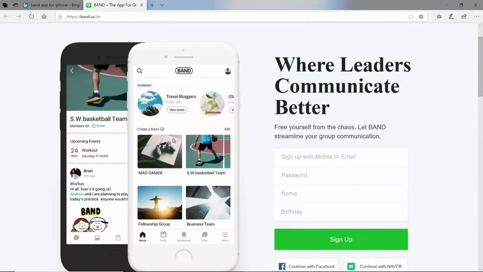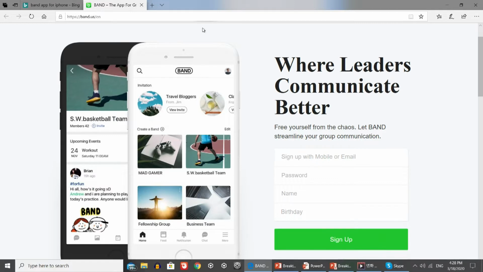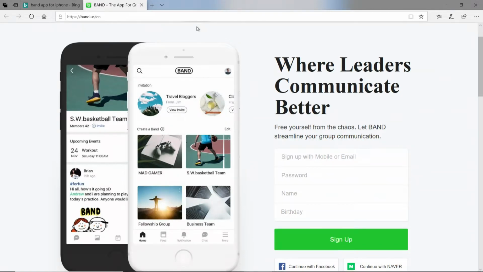You download it, you sign up for it, give yourself an account. You can sign in through Facebook, or through Naver, however you wish to sign up. Once you do that, please go to search over here. Search for your class name and your class code.